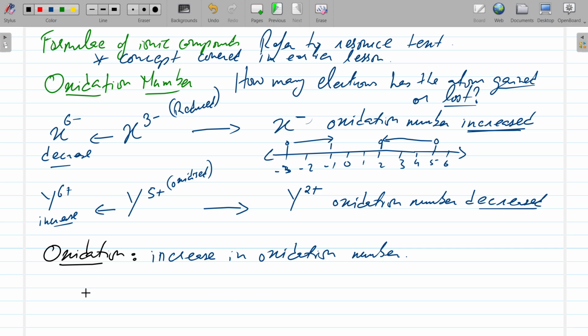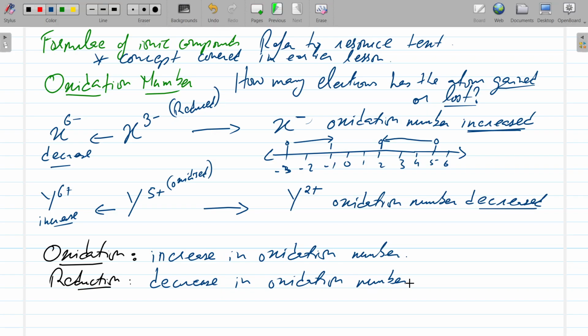And reduction, a decrease in oxidation number.